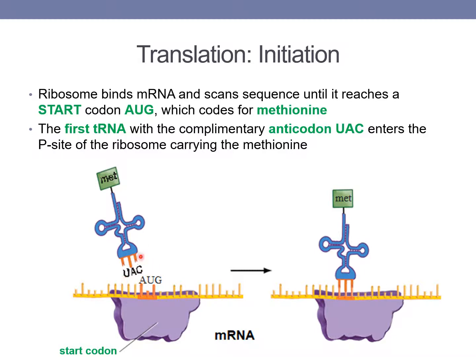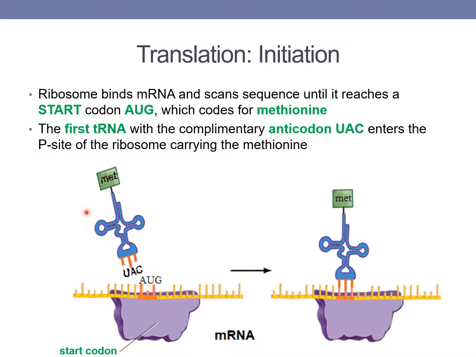And so these 3 nucleotides situated at the end of the transfer RNA are referred to as the anticodon. So the first transfer RNA is always an AUG, which corresponds to methionine. It's a start codon.